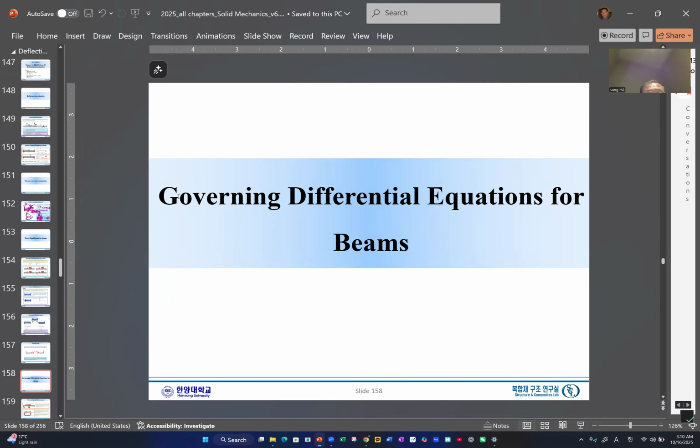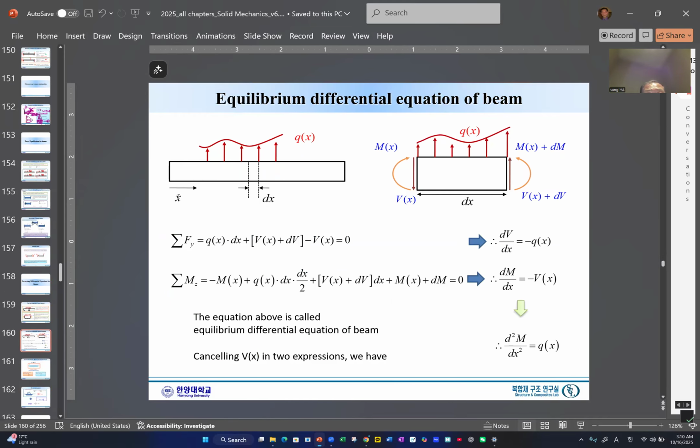Okay, so next we will just go through equilibrium and combine this. Equilibrium means y-directional equilibrium, and then moment equilibrium, combined, we get those two equations. And combining these, we have this. Don't worry, we will go through it again. I'm just browsing what we'll cover.